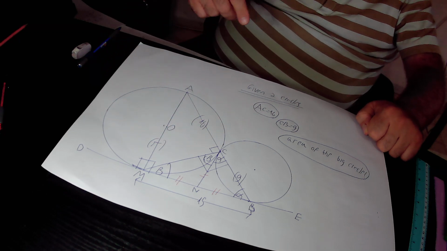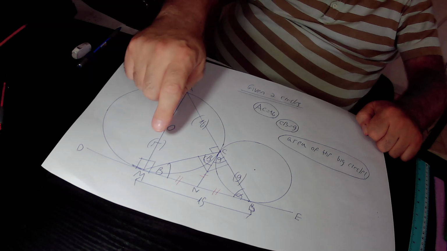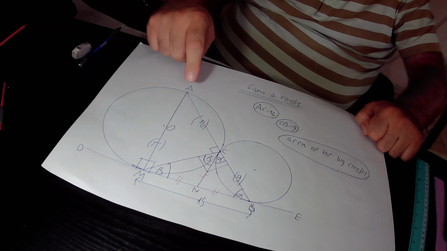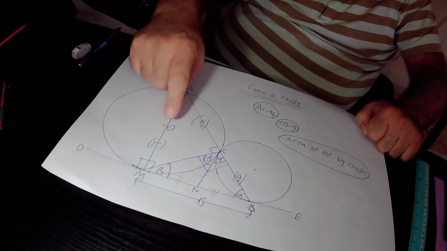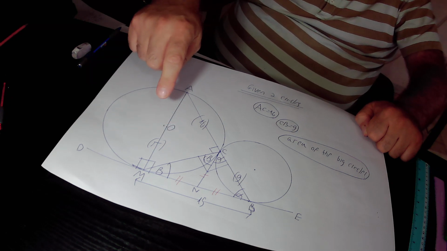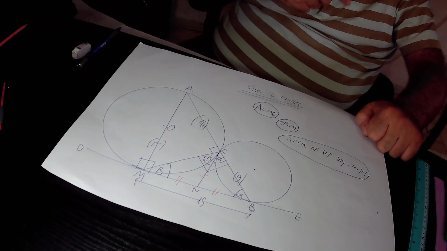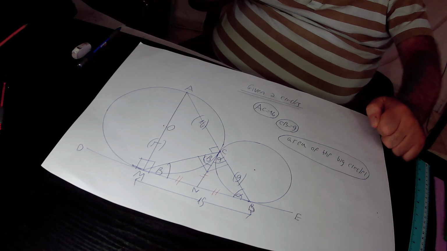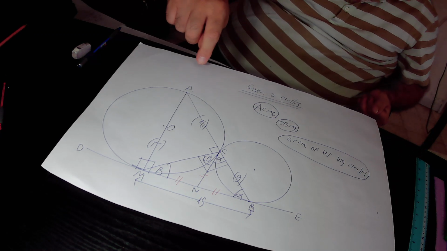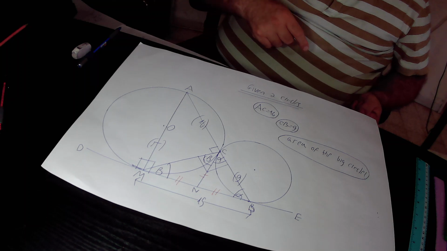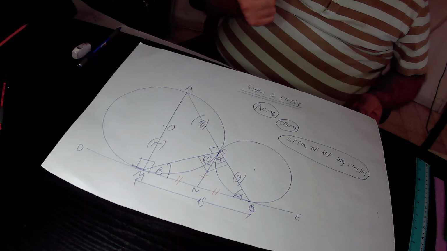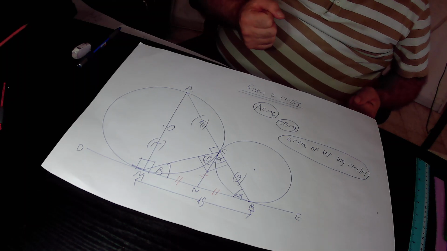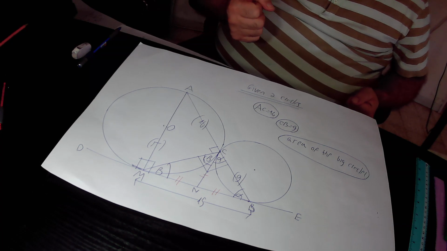In the next step, we join points A and M together by a straight line. By joining points A and M, we create a chord AM. Chord AM is a chord inside this big circle. Now, because peripheral angle ACM is the right angle, according to rule 5, any peripheral angle that is equal to 90 degrees in size must subtend on the diameter of the circle.